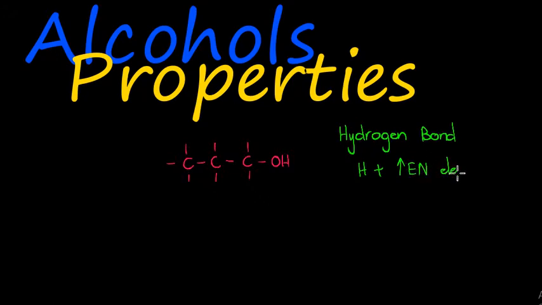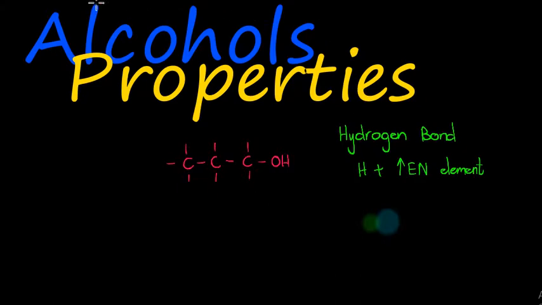Okay, it's a special force that exists when we are working with hydrogen bonded to a highly electronegative element. So what happens when hydrogen bonds to another element that has a high electronegativity? For example, here I've got my hydrogen and it is bonding to oxygen, which is an example of something with a high electronegativity, the second highest.